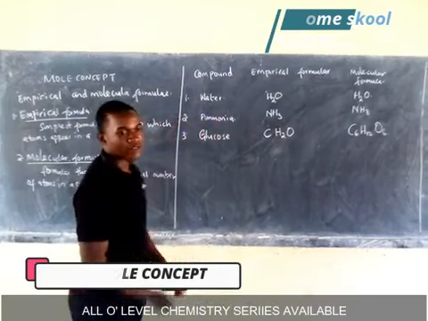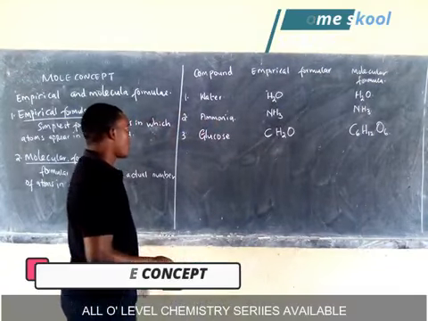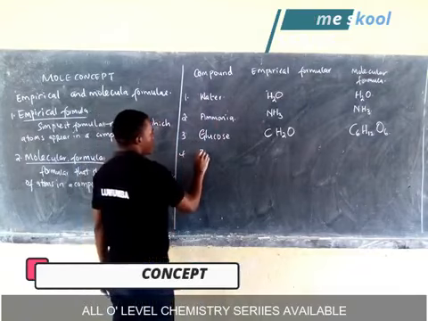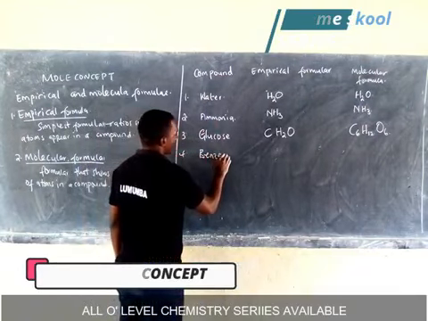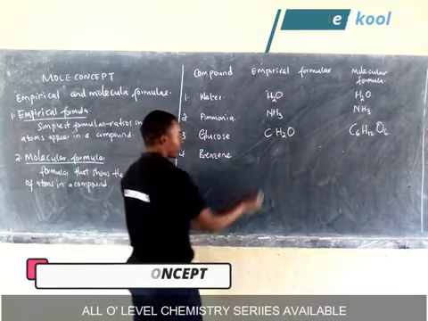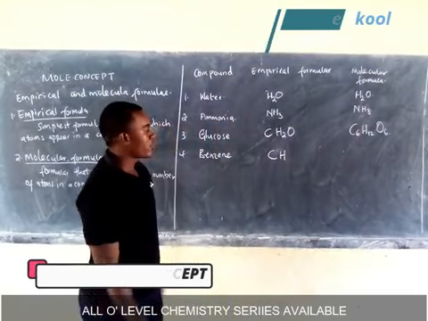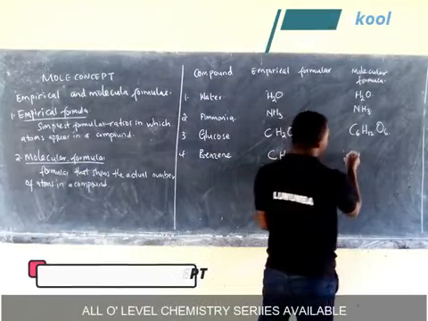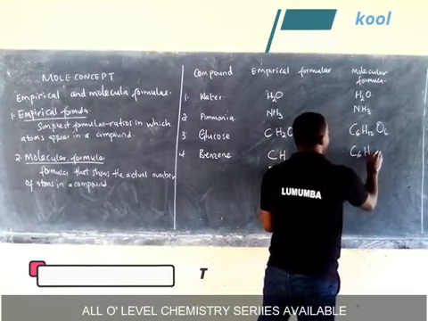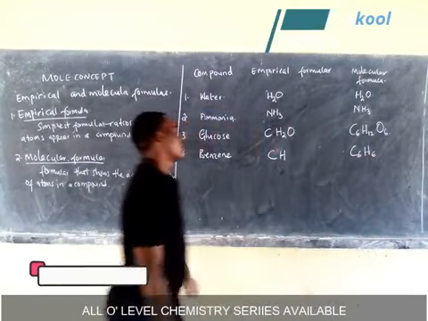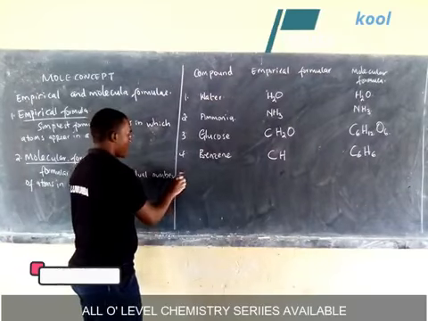That is the molecular formula for glucose. When we look at benzene, the formula for benzene is CH, that is the empirical formula. The molecular formula becomes multiplied by 6, you have C6H6.